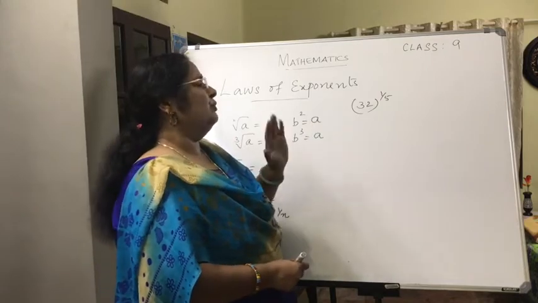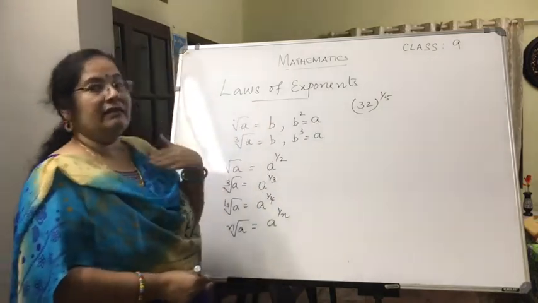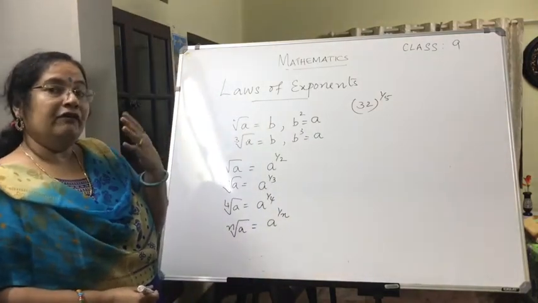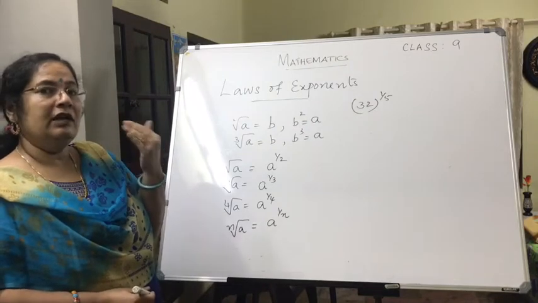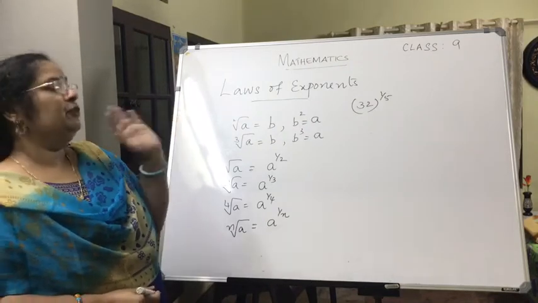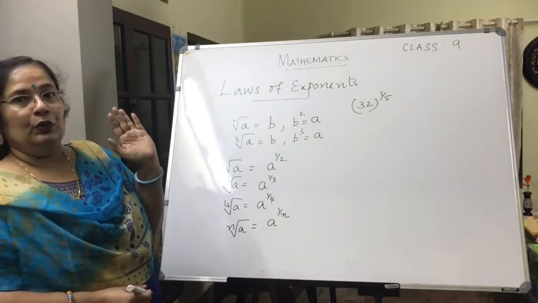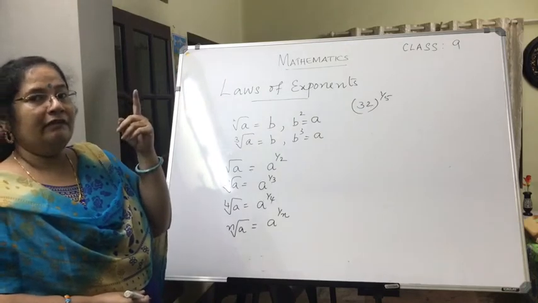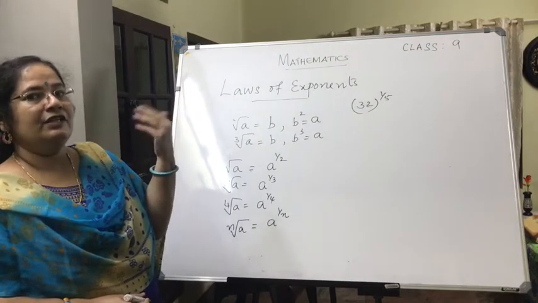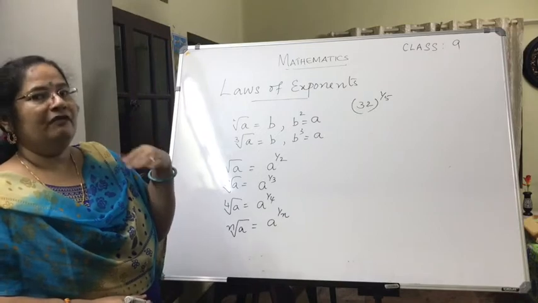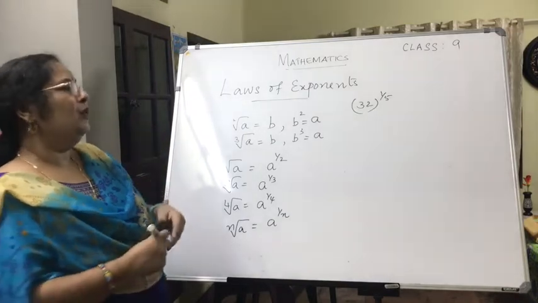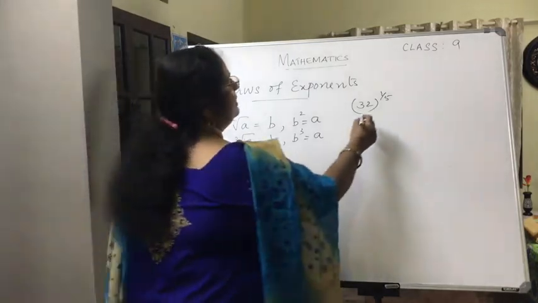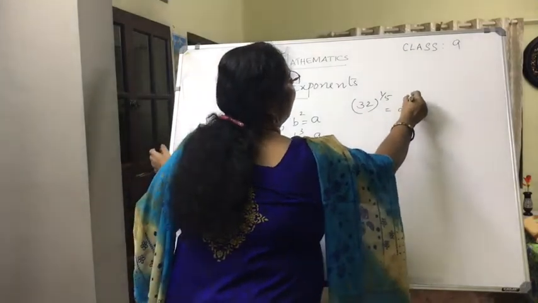So see how we can write 32 with a power of 5. What number raised to 5 will give you 32? We have learned prime factorization. Go for prime factorization, start with 2. Dividing with 2, you will get 32 as 2 raised to 5.